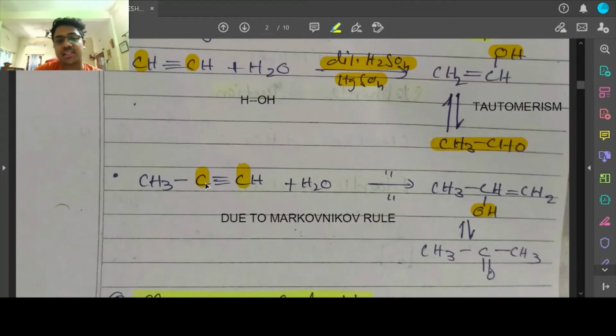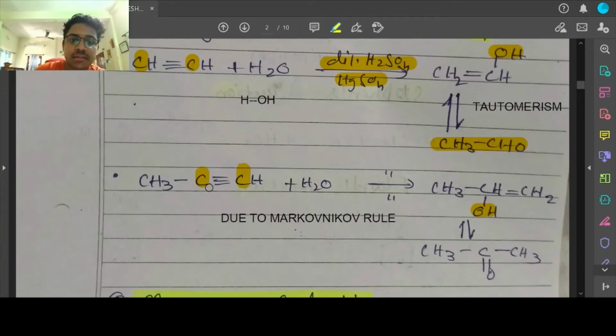So the OH group attaches here. Note the term: least substituted carbon. This is the Markovnikov rule: OH attaches to the least substituted carbon.